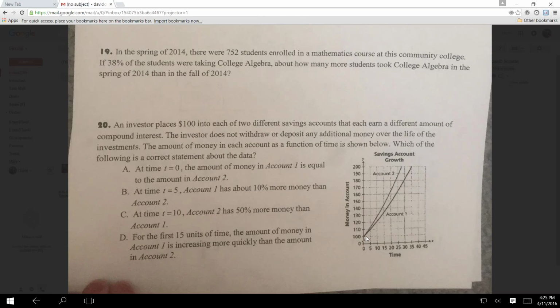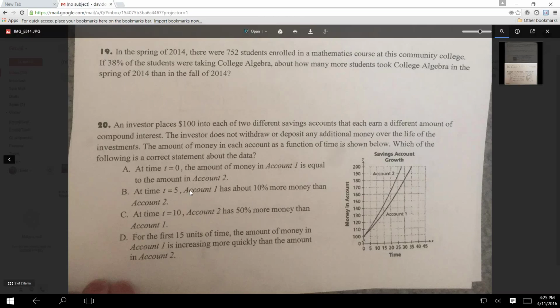Notice that at the 5-year mark, account 2 has grown faster than account 1, so they no longer have the same amount of money. I don't know what that 5 is in terms of time. It's probably years. But let's read the rest of it.